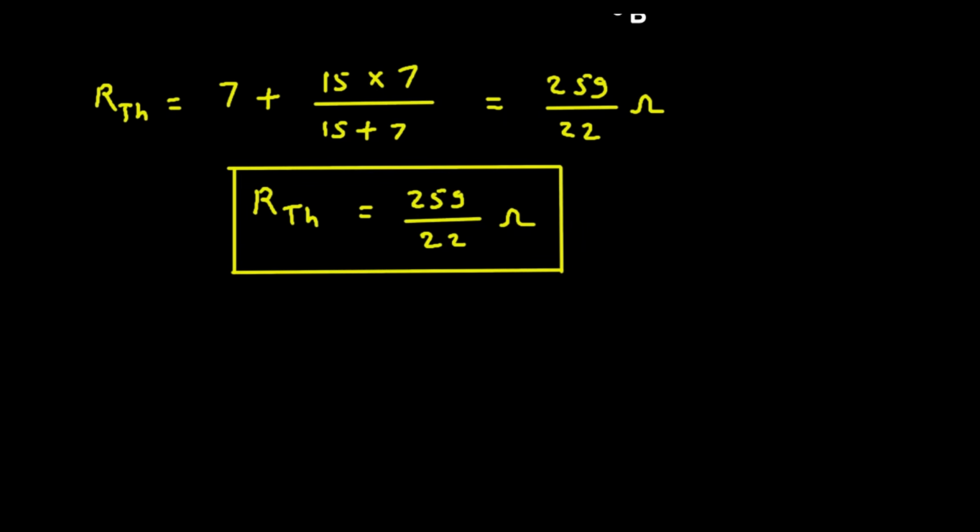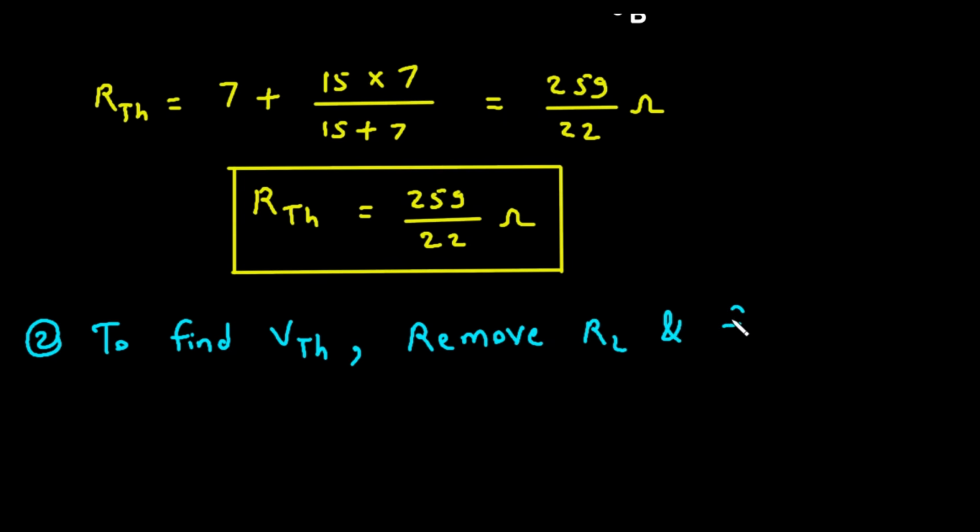Now step number 2 is to find the value of VTH. So here we can write step number 2: to find VTH, again we have to remove RL and find VOC. Now this VOC is the open circuit voltage.